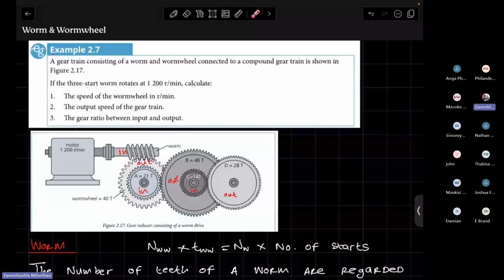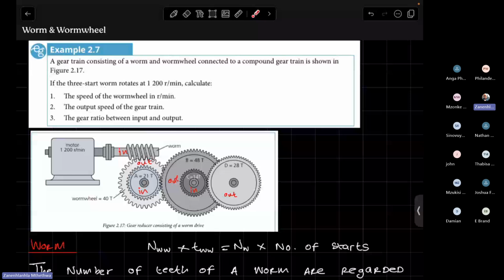Any more questions? The most important thing here is how we use the number of starts. We use the number of starts in place of the number of teeth.